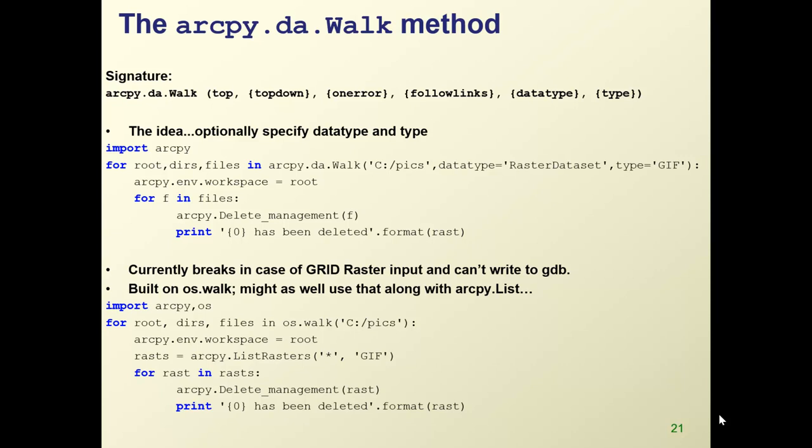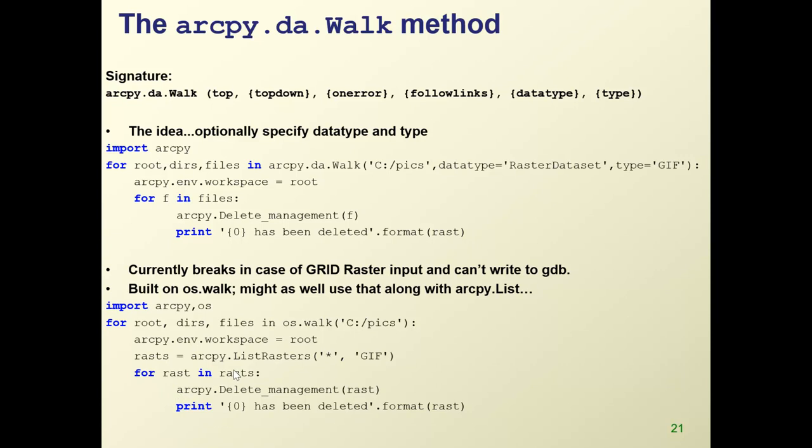It's probably built on os.walk anyway, so you may as well use os.walk and then use list enumeration methods inside of the loops to specify the data types that you want so you can get a subset. In this example, we are using the os.walk, we set the root, and then list rasters so that we only get the raster GIF types. Then we loop through those and delete those files.